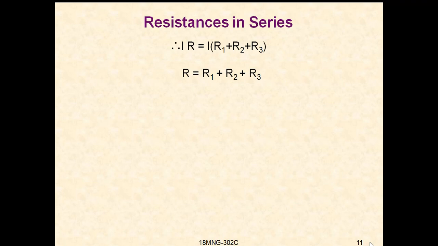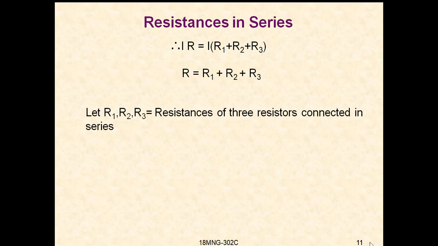Here I gets cancelled. From that we get R equivalent is equal to R1 plus R2 plus R3. This is the total resistance across all the three resistors.